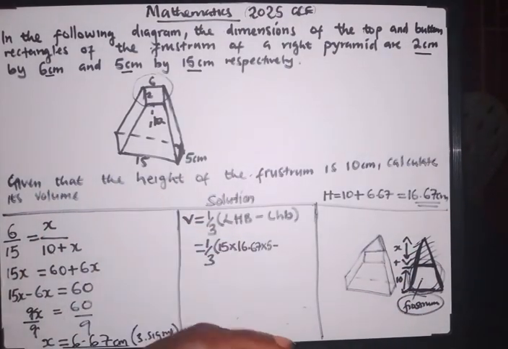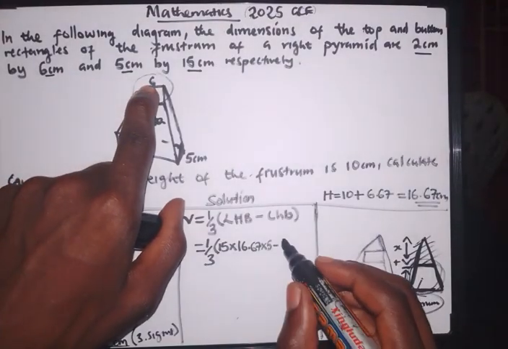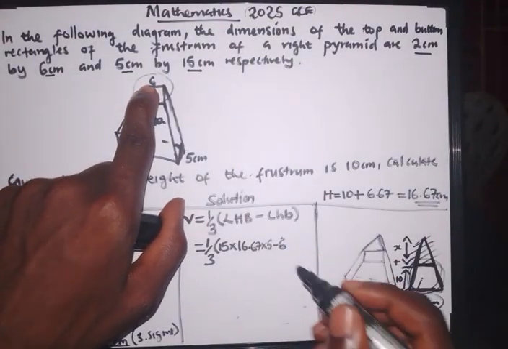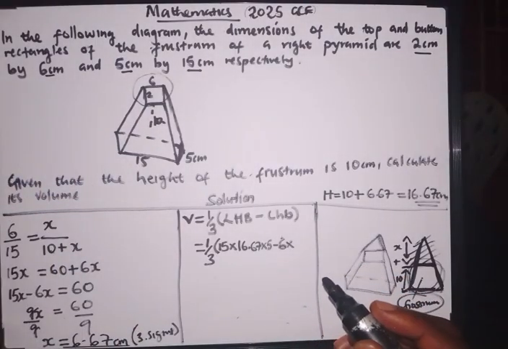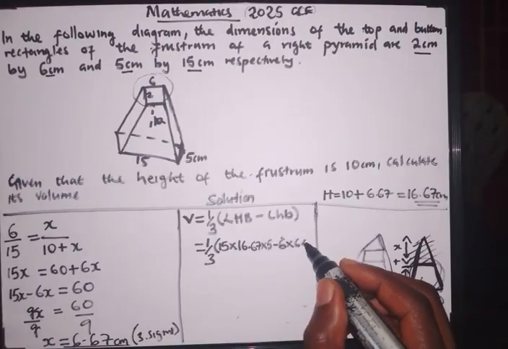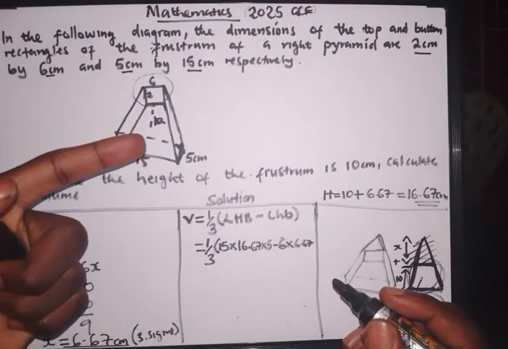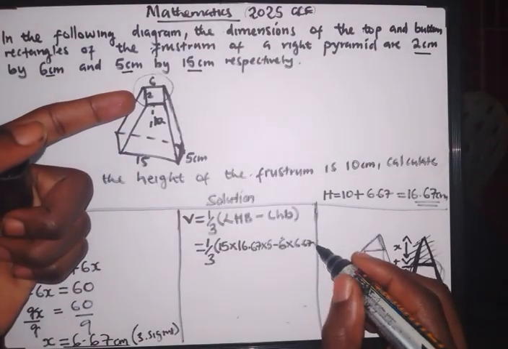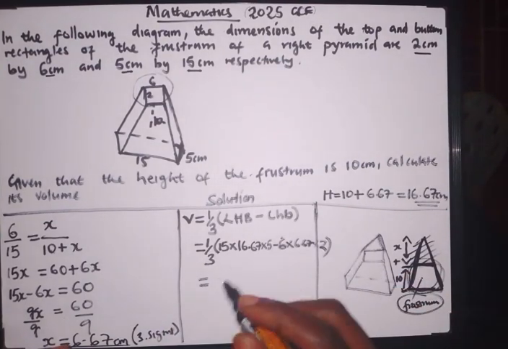So what is the length of the smaller rectangle? The length of the smaller rectangle is this one on top, which is 6 multiplied by the height, which is the one we calculated here, 6.67. Then you multiply it by the breadth, which is 2. Then our next step, you basically multiply everything.